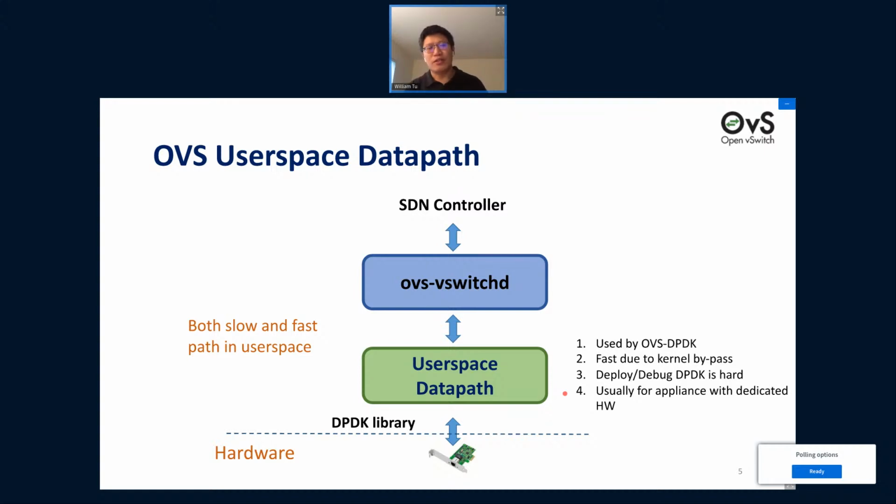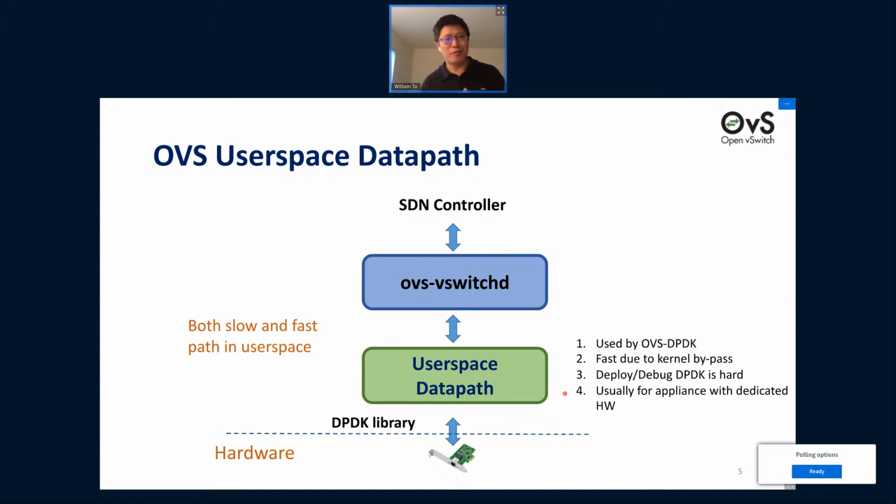So here we use the DPDK library to send and receive packets from the network device, do the rest of the processing in user space, and then send it out again using the DPDK library. It's very fast because first we have a fast channel to send and receive packets, and then we also have lots of optimization in this user space data path.